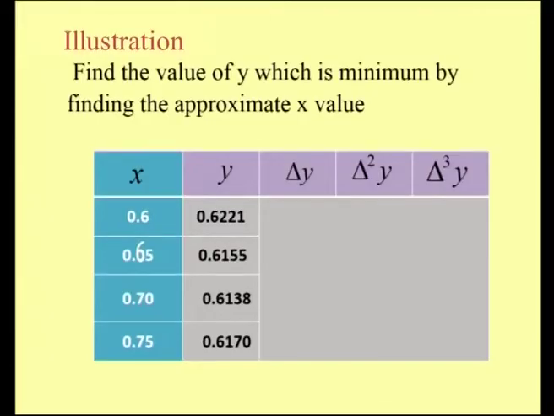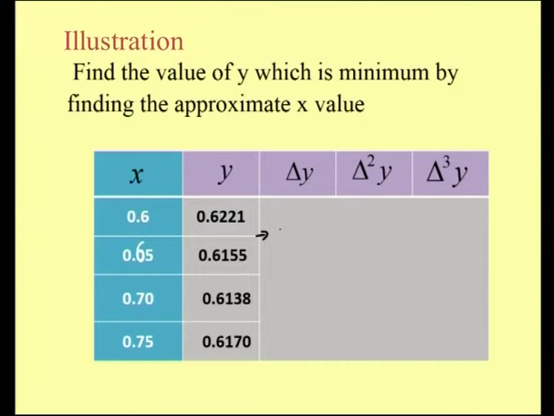This is a tabular column having the x values 0.6, 0.65, 0.7, 0.75. So, 0.05 is the difference, and the y values are given as 0.6221, 0.6155, 0.6138 and 0.6170. Now, del y is found out.